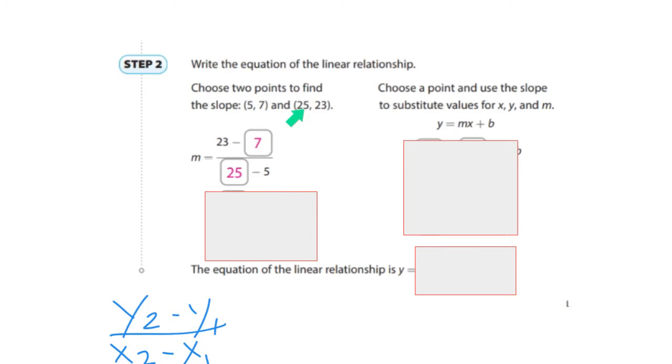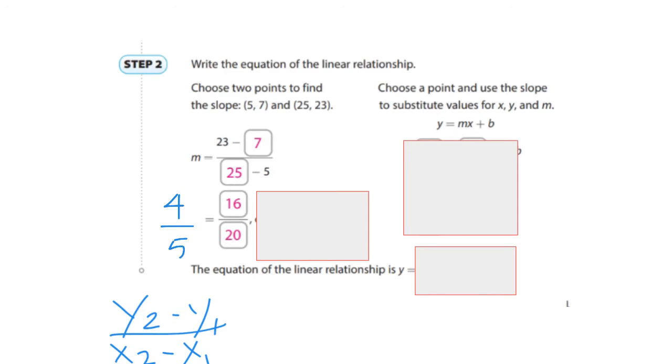Then our x2 number, take away the x1 number. So 23 take away 7, and 25 take away 5. That gives you 16/20. You can reduce that fraction, divide them both by 4, and you get 4/5.